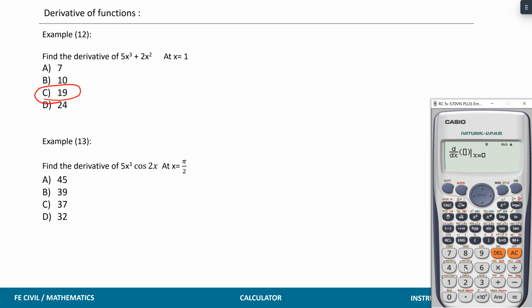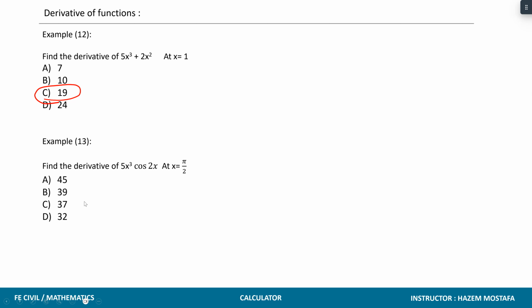I'm going to apply the equation 5x cubed cosine 2x at x equals pi over 2, equals 36.9, which is solution number 7.